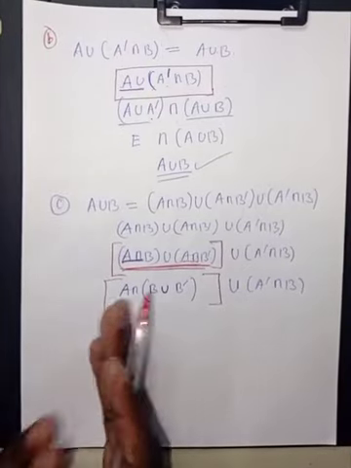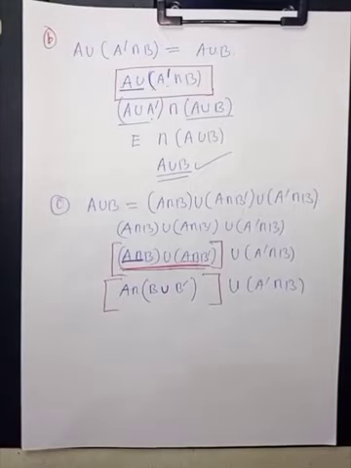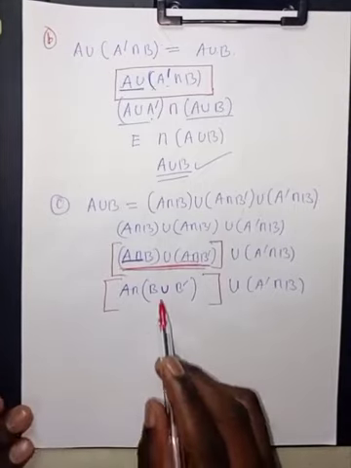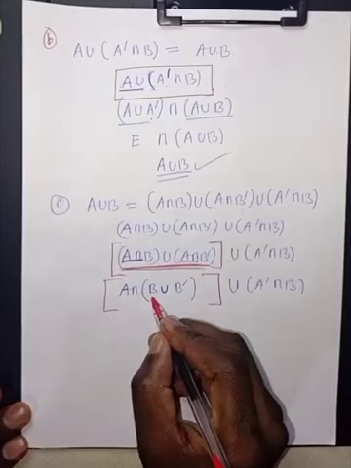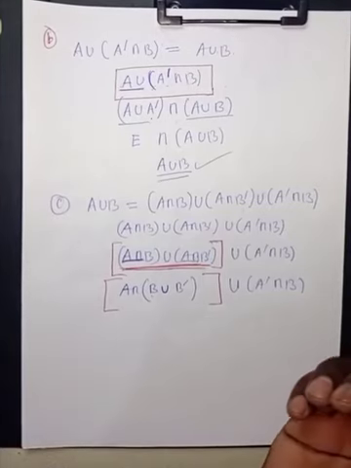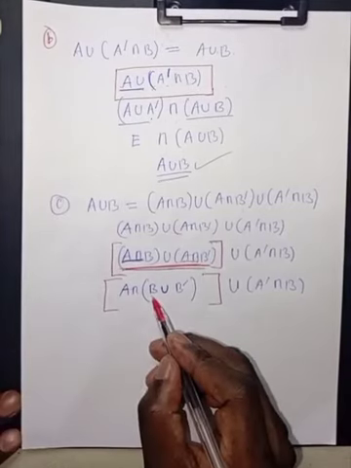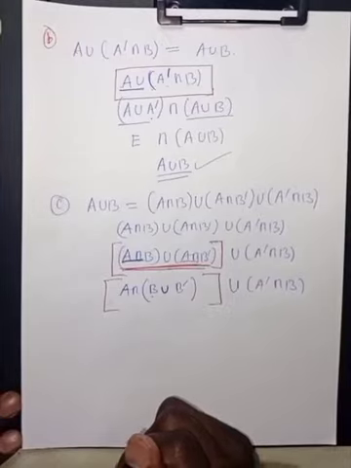Okay, so we should be careful with the meaning of factorize and expand. Now we look, do we have anywhere we can apply a property? Of course, yes. We have B union B complement.